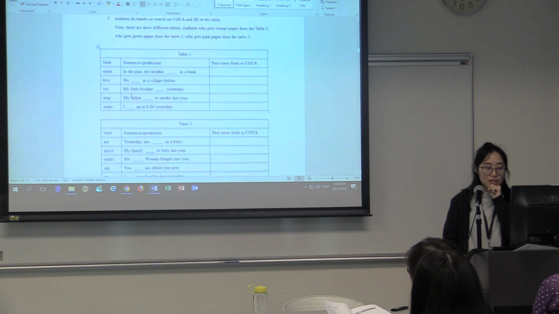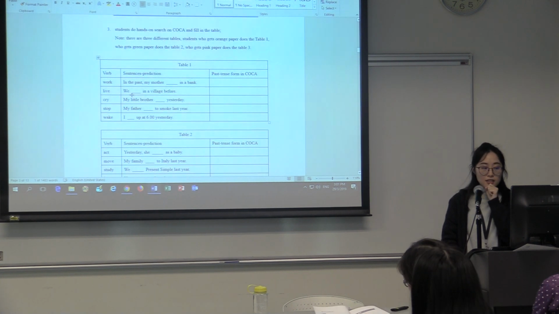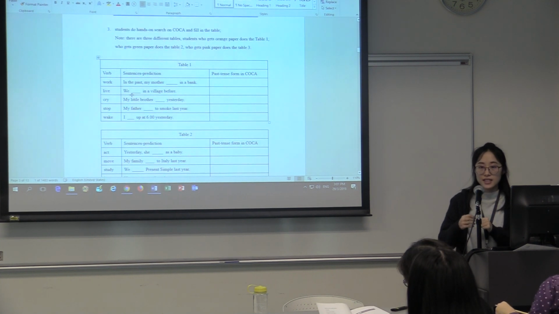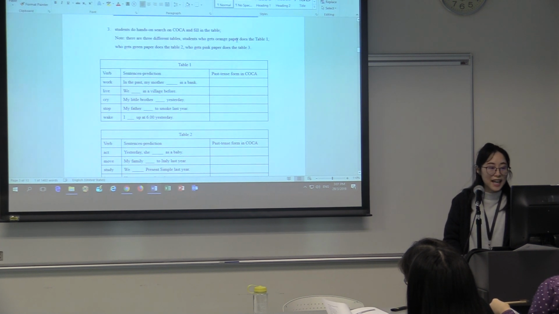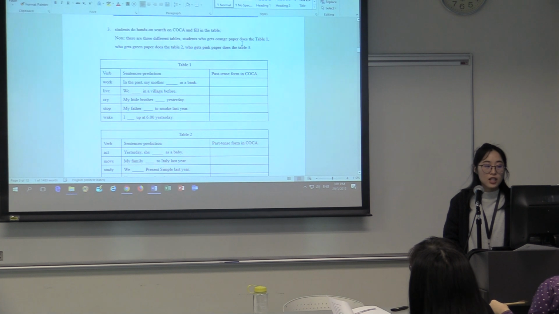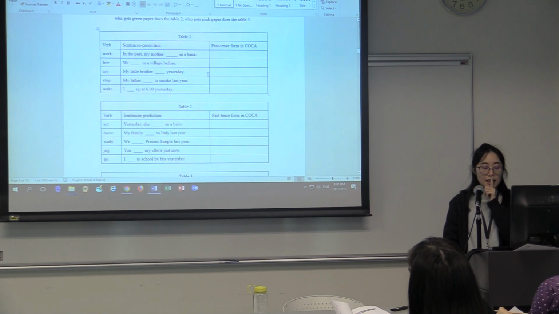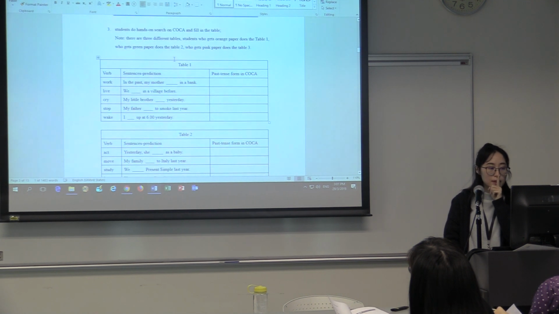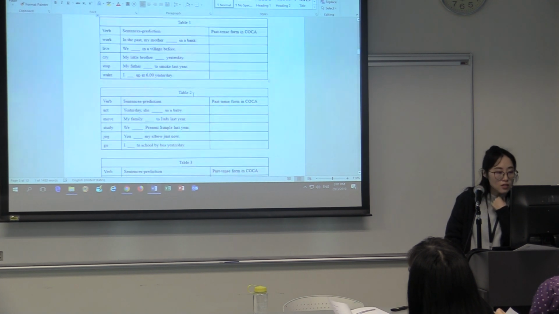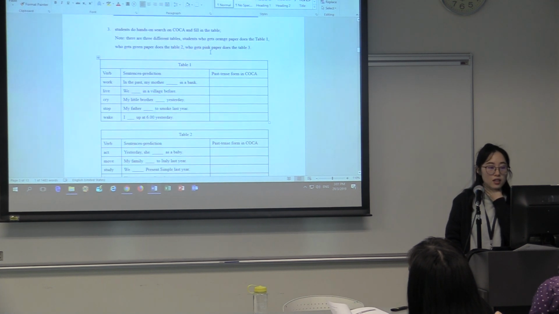There are 3 tables, and these tables are printed in different colors. For example, students who get the orange paper finish table 1, students who get the green paper finish table 2, and pink paper students do table 3.